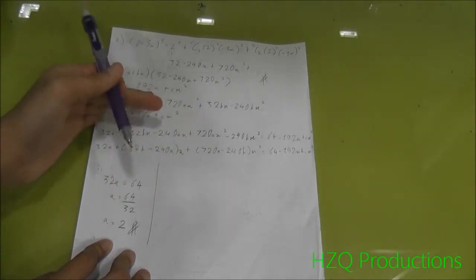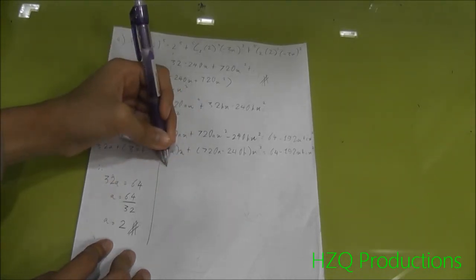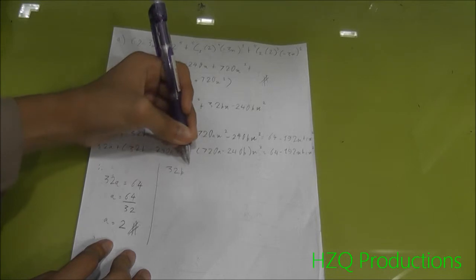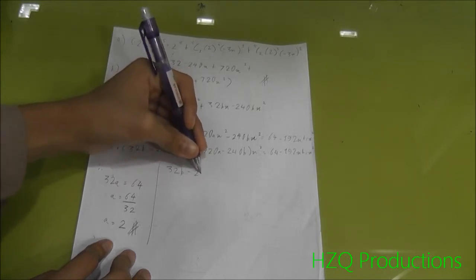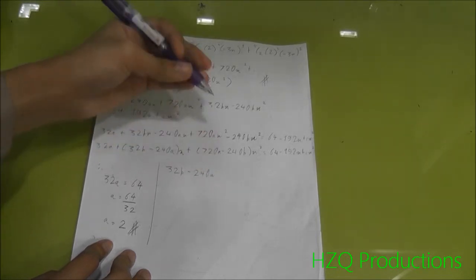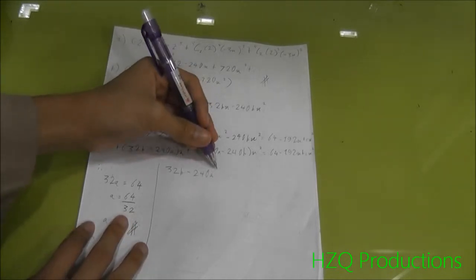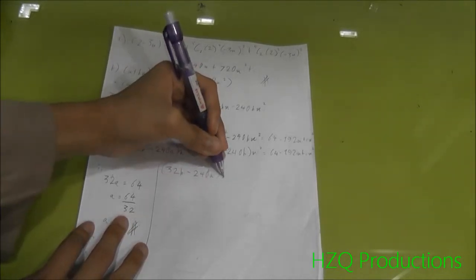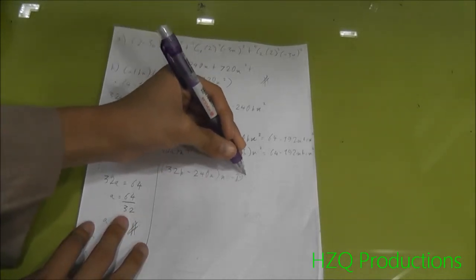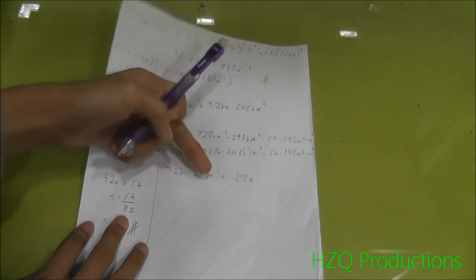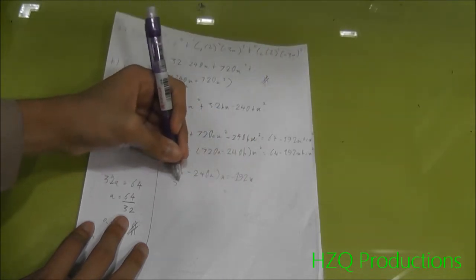Next up, 32b minus 240a times x is negative 192x. I can see the same terms, right? So you can simply delete the x.